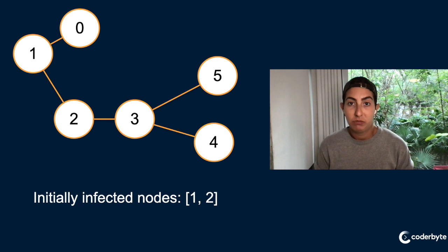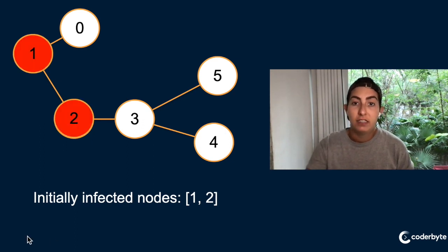So in this case, we have this graph, we have some nodes, we have the 0th node, the first node, the second node, etc., right? All of these are nodes that could potentially be infected. And we have these initially infected nodes, right? So our first nodes that definitely have malware on them are going to be 1 and 2, right? So let's see that here. Okay, so we have our nodes and we have our initially infected nodes, right?